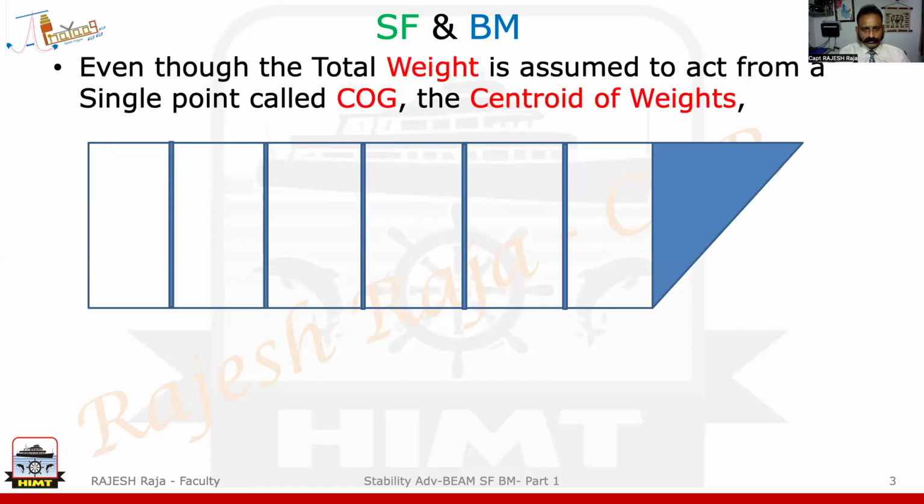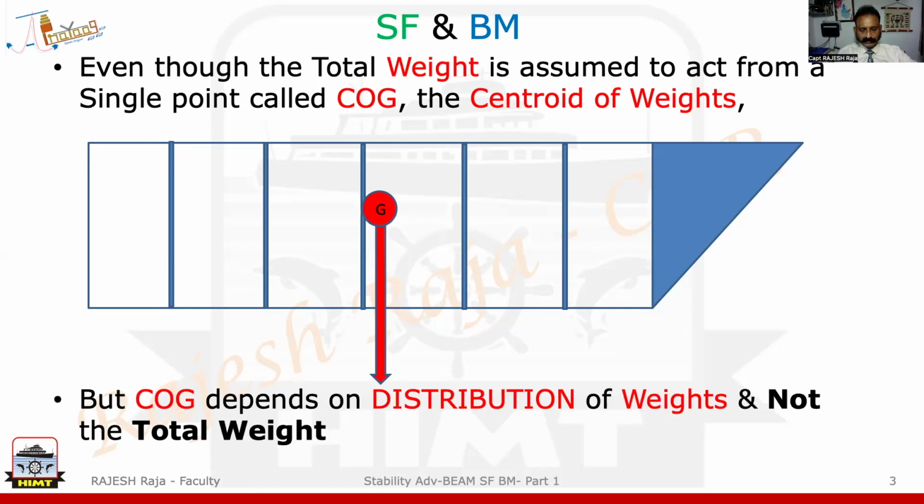Now one of the most important things you should agree on is that even though the total weight is assumed to be acting from a single point called the center of gravity, which is also called the centroid of weights, the geometric center of weights, I can show you, let us say, assume that this vessel had the COG at this place and it will be acting vertically downwards. But there is something else you should realize.